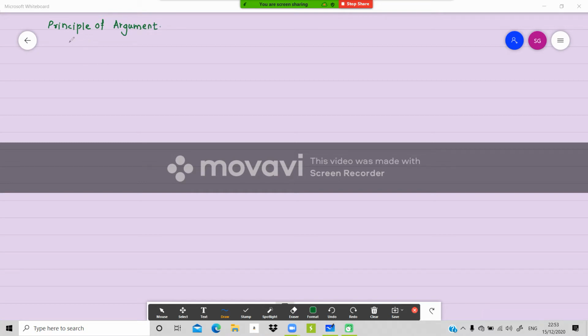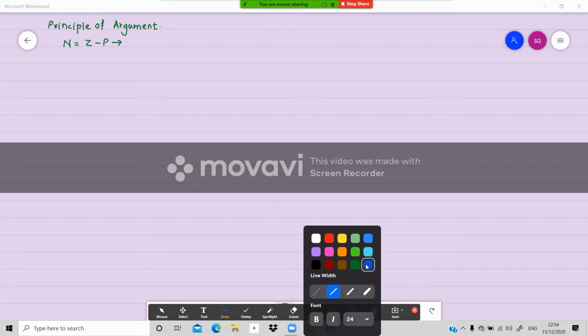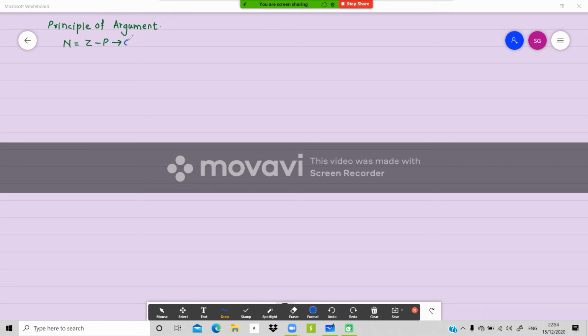So, the principle of argument was N is equal to Z minus P. If you can remember, we discussed this in the last lecture. So what is this P? These are the OLTF poles. This is all related to the OLTF, the OLTF poles. And these are OLTF zeros.